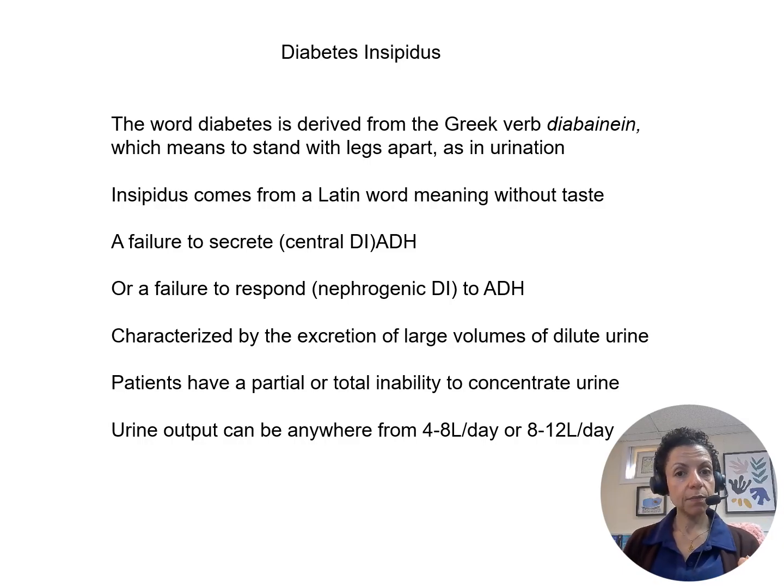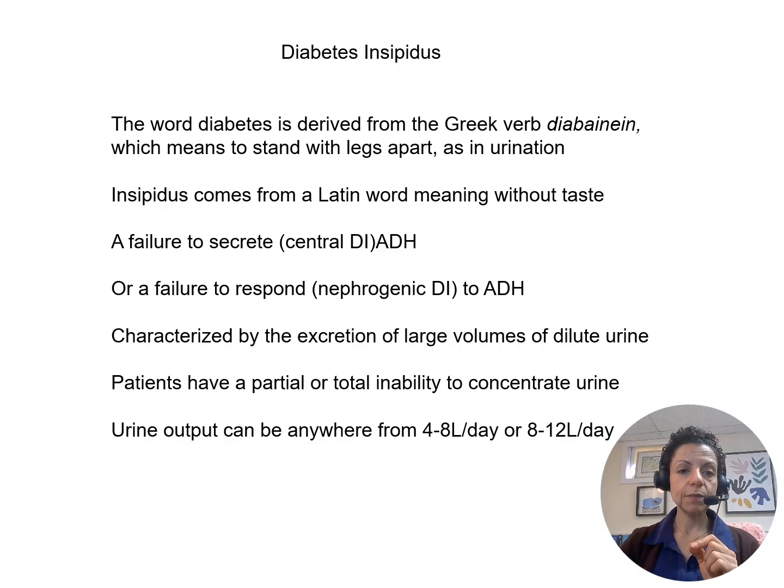With diabetes insipidus, we also are going to have polyuria, but it has nothing to do with blood sugar. It has to do with the fact that we are either not producing ADH or not responding to it, and so we cannot retain water. So all of that water ends up in our urine, and we have polyuria. The term diabetes refers to that polyuria.